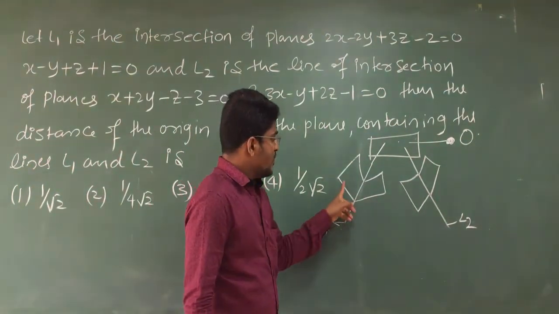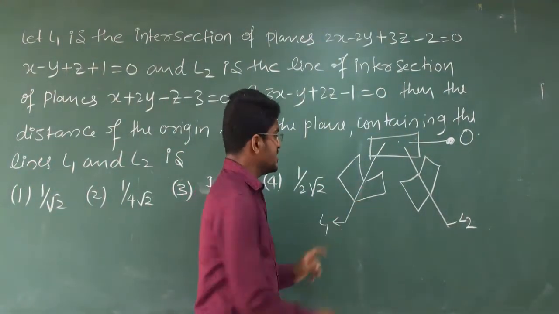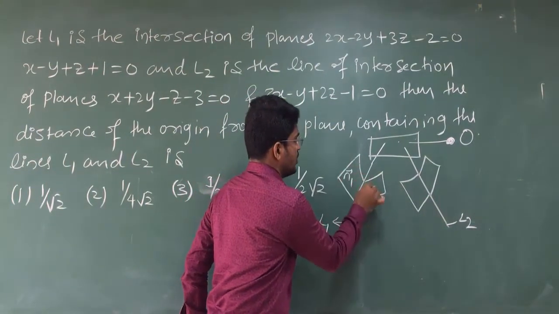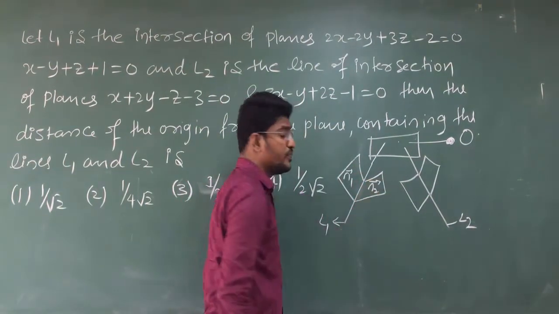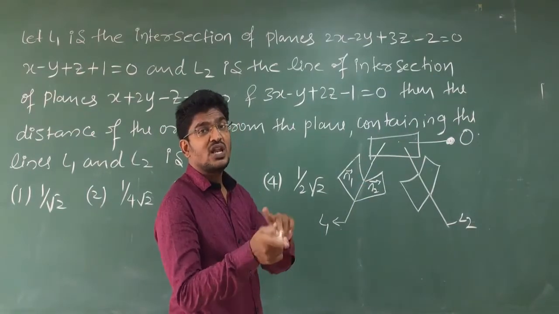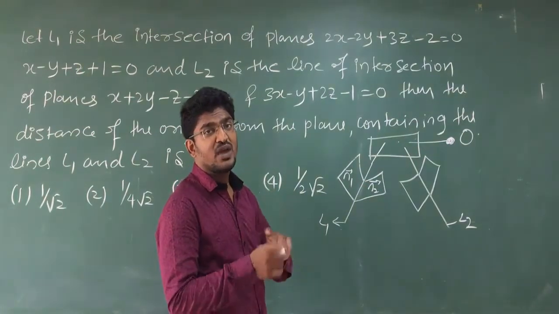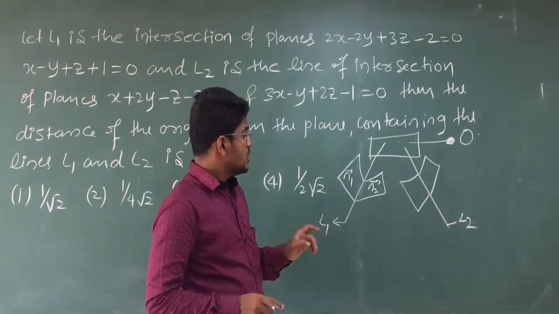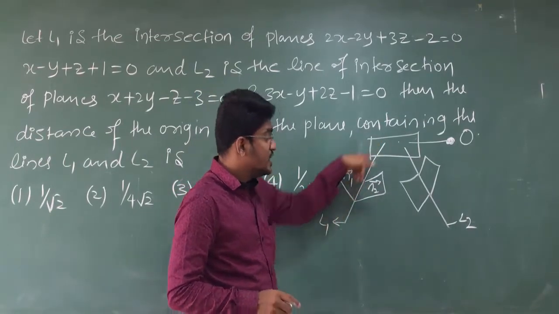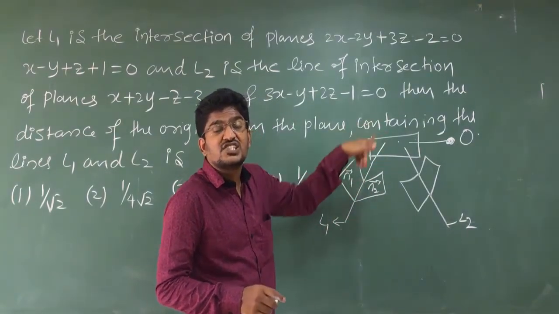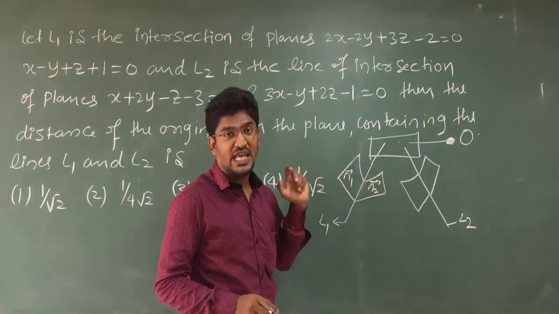So you have two planes, that is normal 1 and normal 2. If I make n1 cross n2, you are going to get the vector along the intersection line of these two planes.